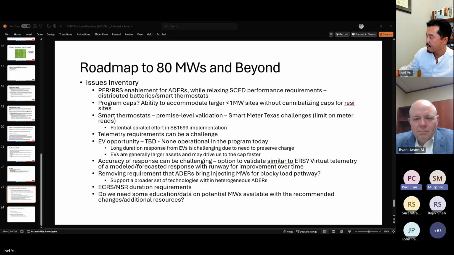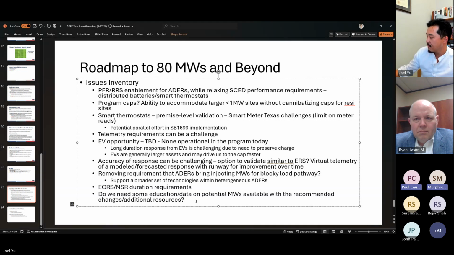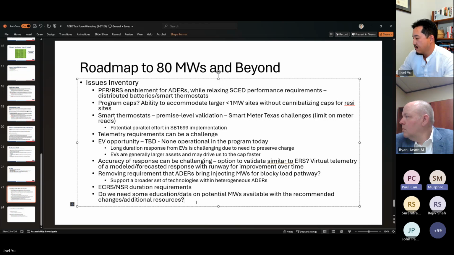And again, you've heard me say this, it's really the only way to engage multifamily properties in this effort, because otherwise we're only talking about single family homeowners. And I think we're missing out on obviously a huge segment of the residential customers.